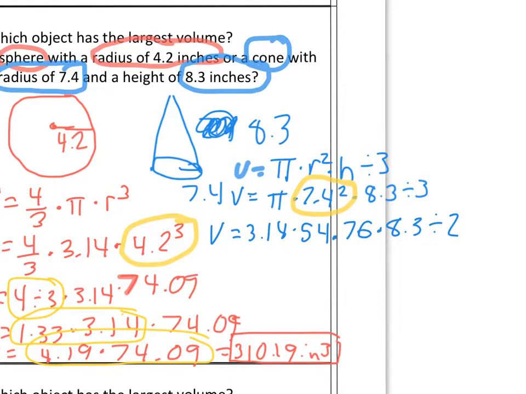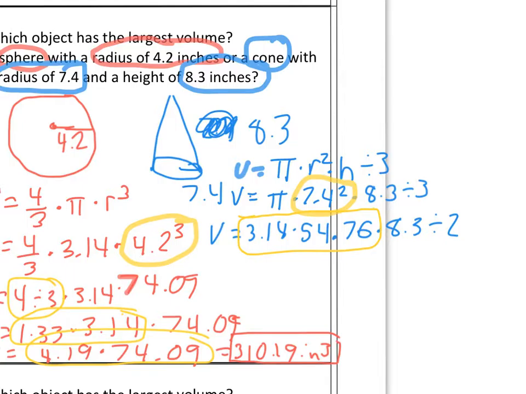Alright, we're getting there. So now, this part, it looks bad. It's like, oh man, Miss Painter, look at all these numbers. This is all calculator work though. You gotta remember, just plug it in your calculator. And the first thing that goes in the calculator is 3.14 times 54.76. That's not too bad.